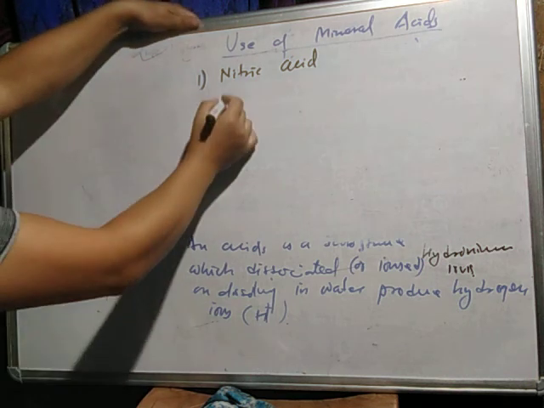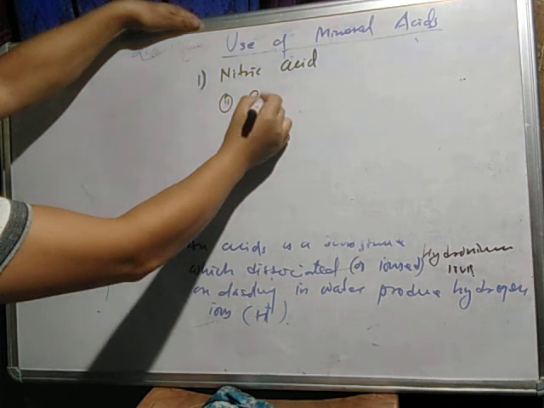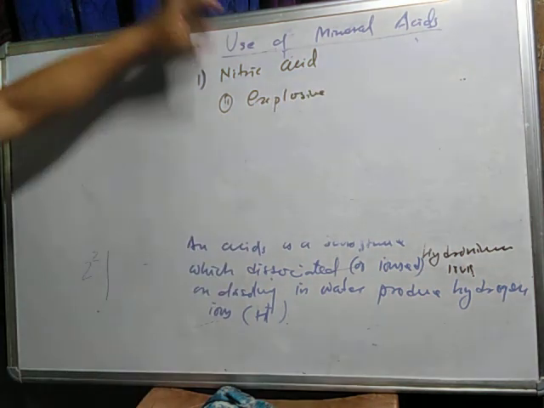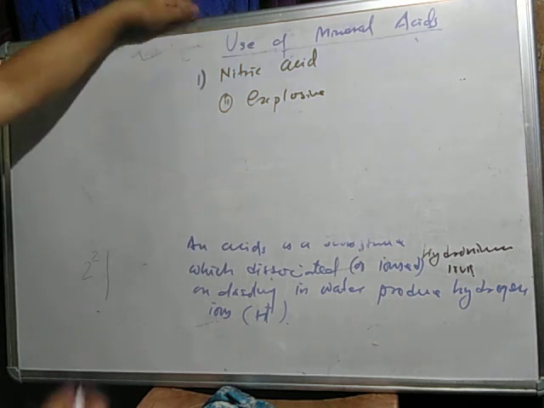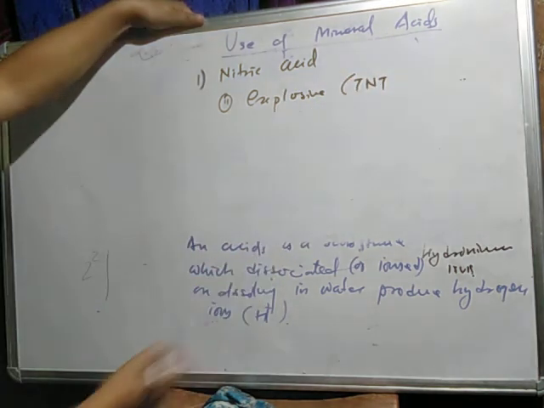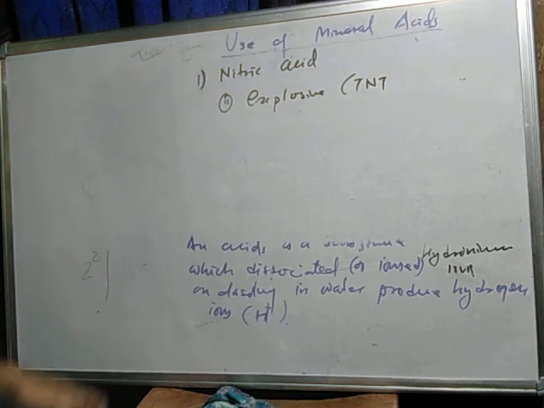So nitric acid is used in explosives. Explosive means bomb, isn't it? So like TNT, okay, dyes and plastic.